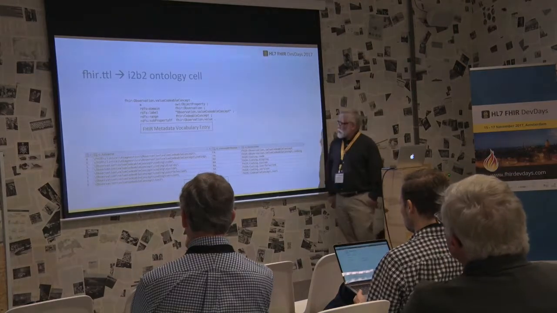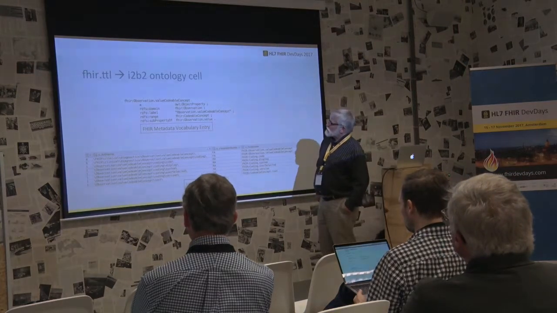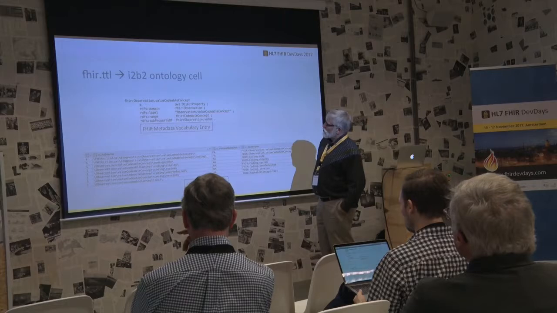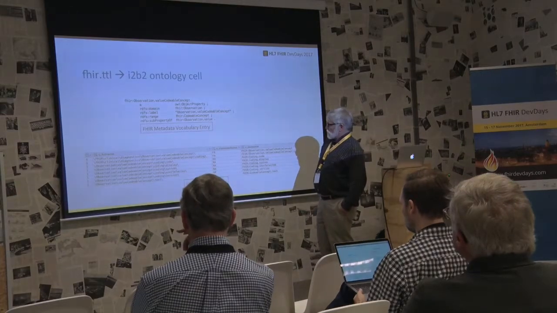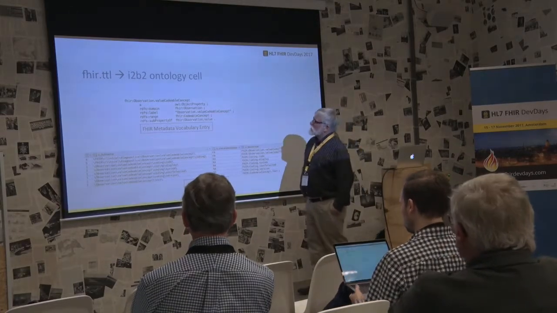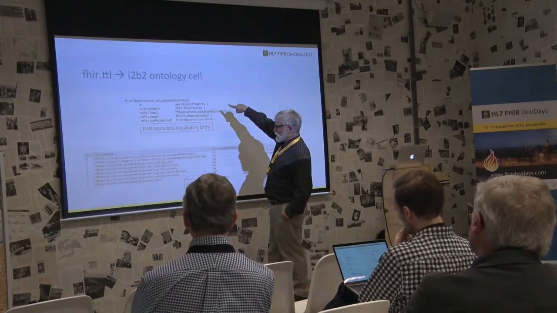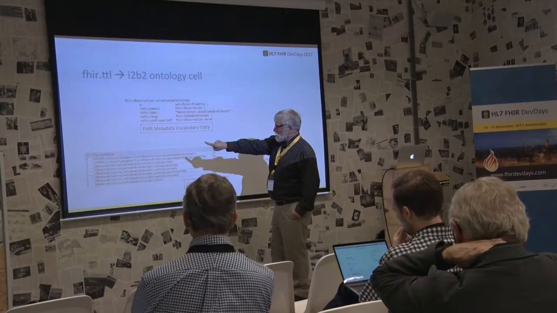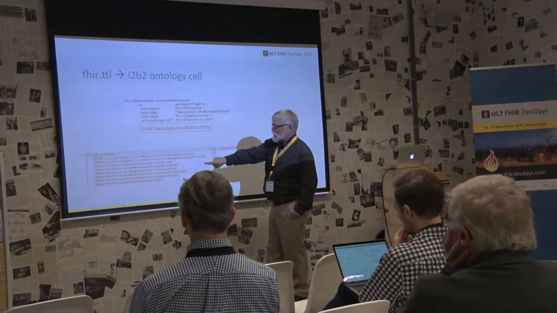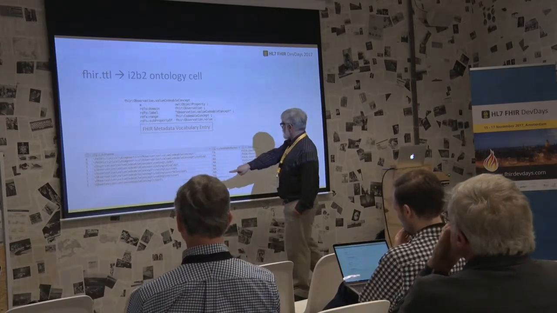So, the ontology cell, I've just taken, let's see, and this also shows some of the issues we're going to have to fix, but I've taken value codable concept down here, and these are various entries in the hierarchy, which you'll see on the screen in a minute.